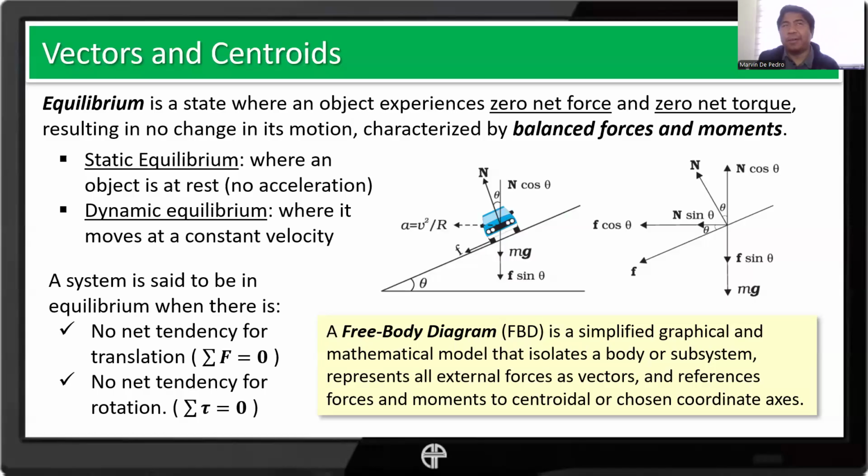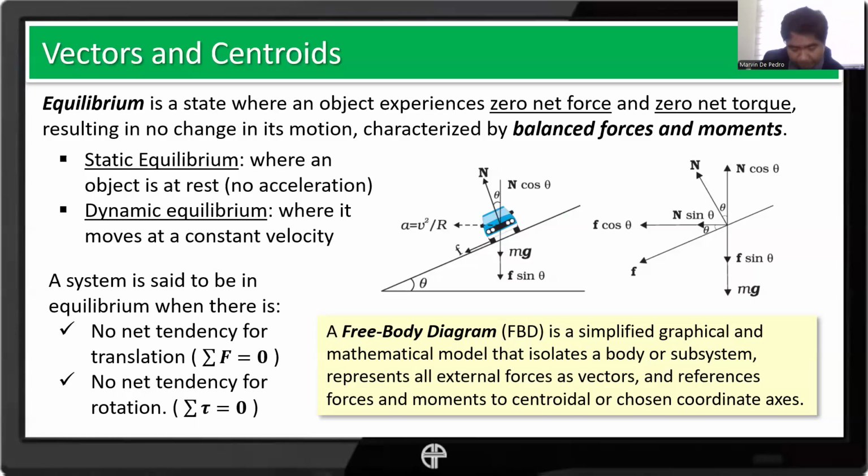We're going to talk about that in module 4, but for now, just remember that if there's constant velocity, then there's no acceleration. Because if you can still remember, acceleration is the change in velocity with respect to time.